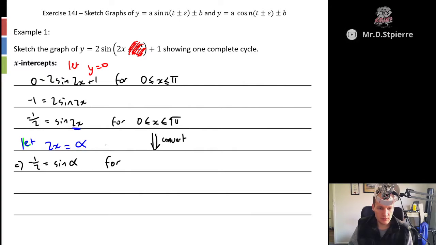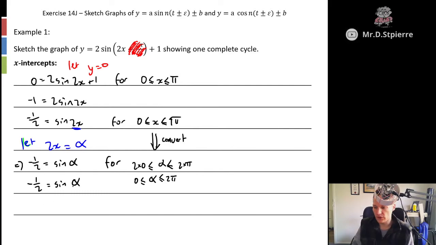So we use this substitution, we're going to sub in 0 into 2x, so we get 2 times 0. Let's sub pi into 2 times pi. So we get our new domain, or effectively our working domain, as 0, 2 pi. We need to solve negative half is equal to sine alpha.